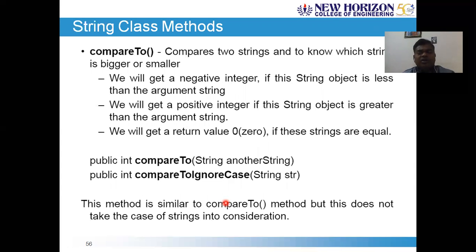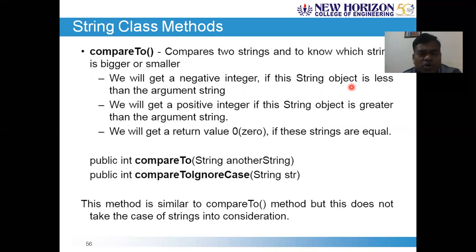We'll get a negative number if the string object is less than the argument. So how do we make a call to the compareTo method? S1 will be your invoking string and S2 will be the argument string. So the invoking string becomes string 1 and the argument string becomes string 2.